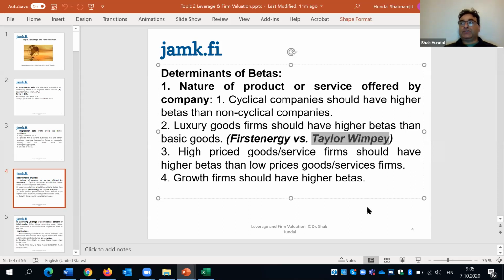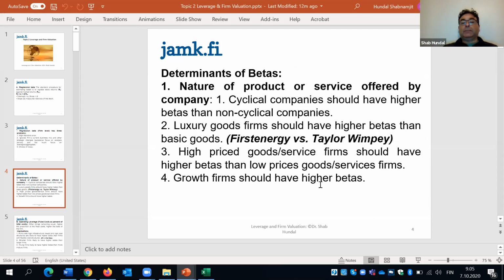Its beta was, I think, about four times riskier than the rest of the market. So if the market goes up, Taylor Wimpey's stock return will go up by 4 times, but if the market drops by 1%, it will lose 4%. So a very high level of beta.